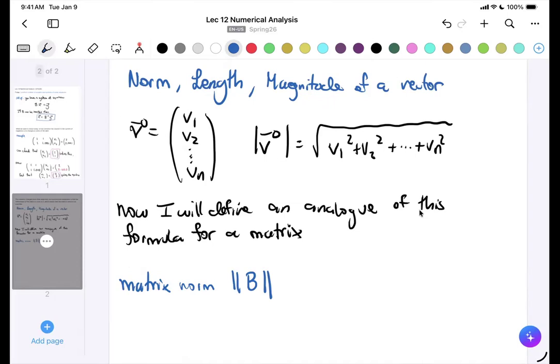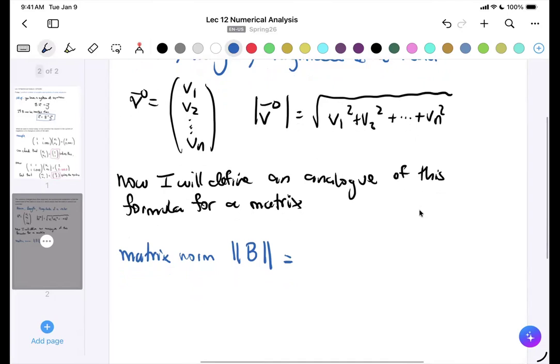So this can be applied in complete generality. I'm going to put two absolute value bars around it because that's a traditional notation for a norm, and also to distinguish it a little more from the length of a vector, so that you know I'm talking about a matrix in this case. What the matrix norm is, one way to define it, which is a little bit abstract, but you'll see it can be made more concrete in a moment, is that okay?